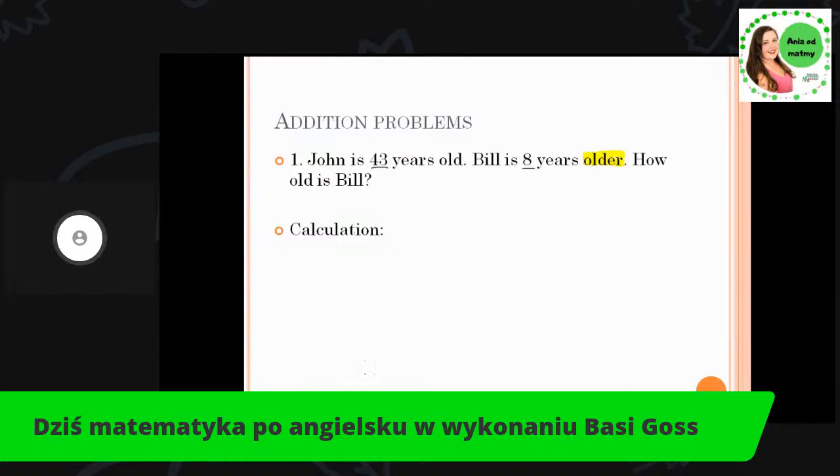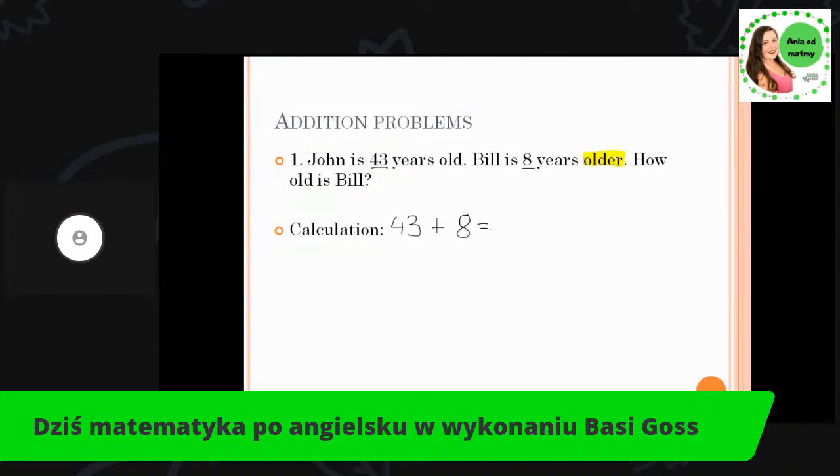So our calculation is 43 plus 8 equals, yes, we've got the answer there.